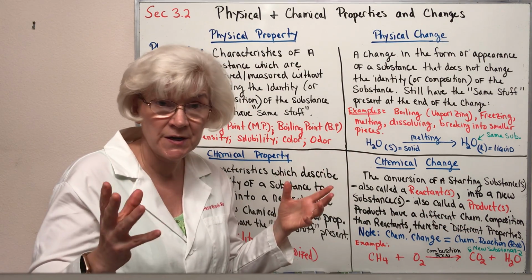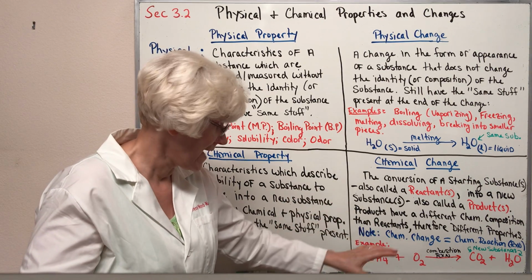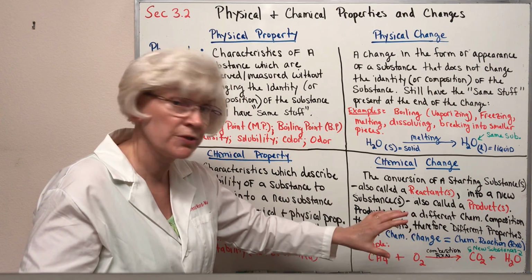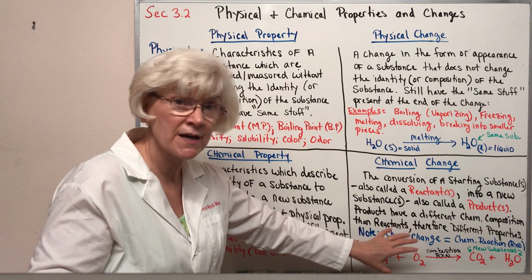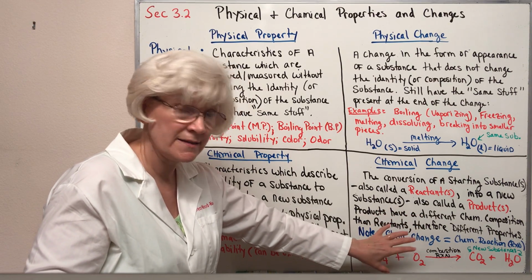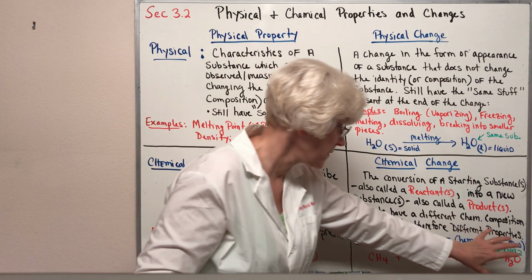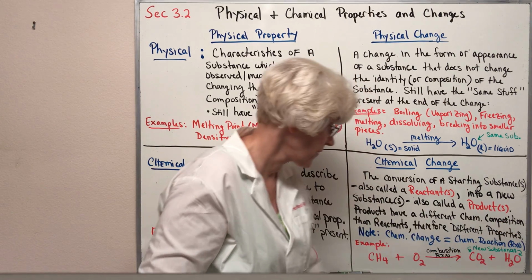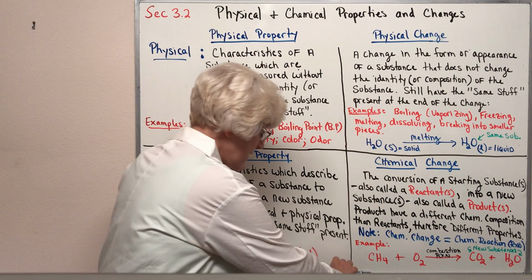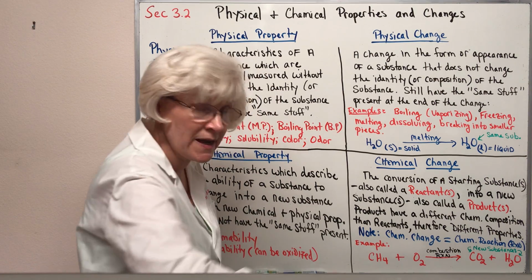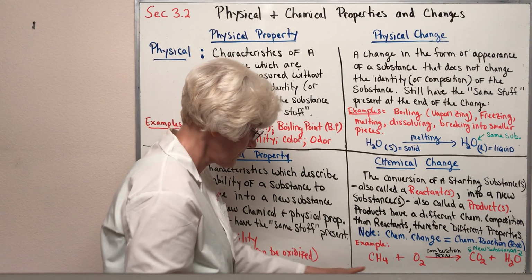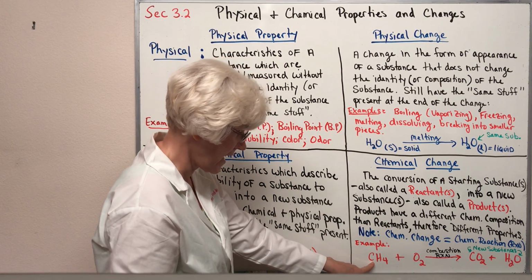Atoms don't just appear and disappear. We have to have the same total number of atoms present on the reactant side, the starting materials, as we do atoms present in the product side. So doing a very quick inspection, I can see that methane contains one carbon atom.